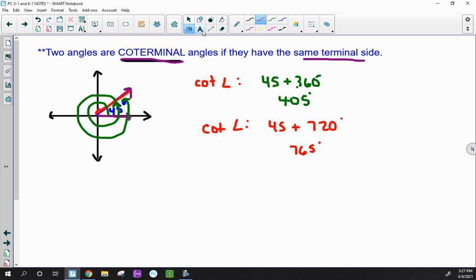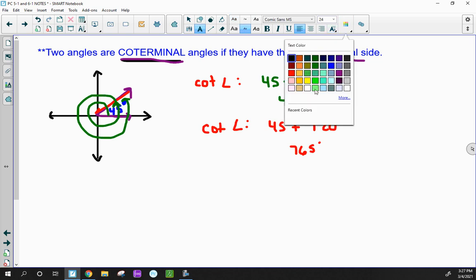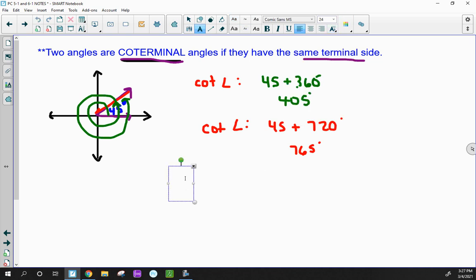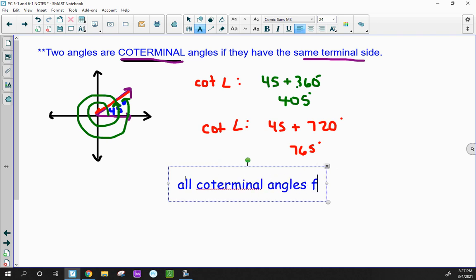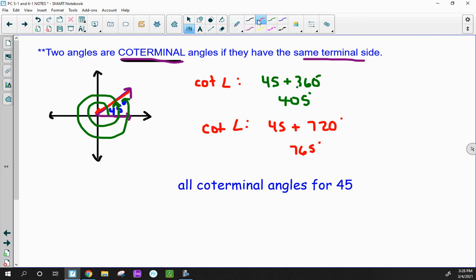When they ask you to give all answers, because that is possible, give all coterminal angles for 45 degrees, then what you're going to need to do is start with the given angle, 45, and instead of giving specific answers like I did here, if they say give me all coterminal angles, you're going to give an expression for that.